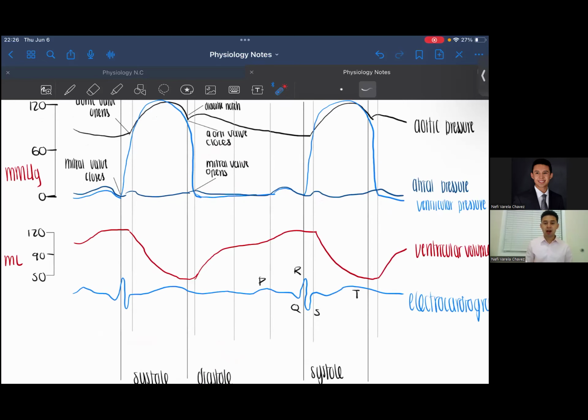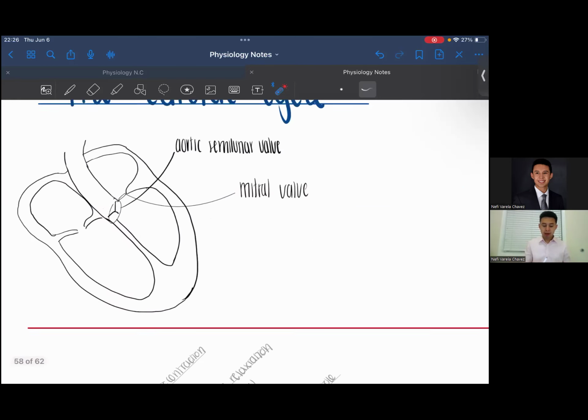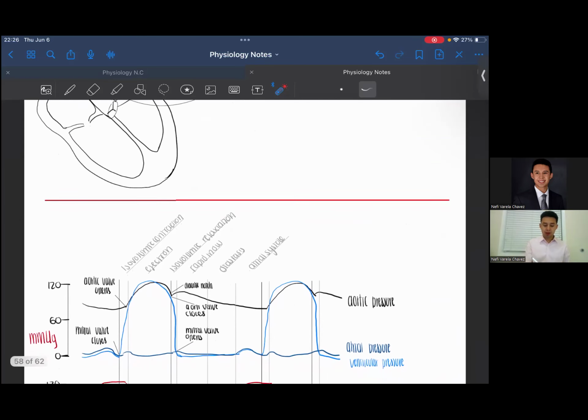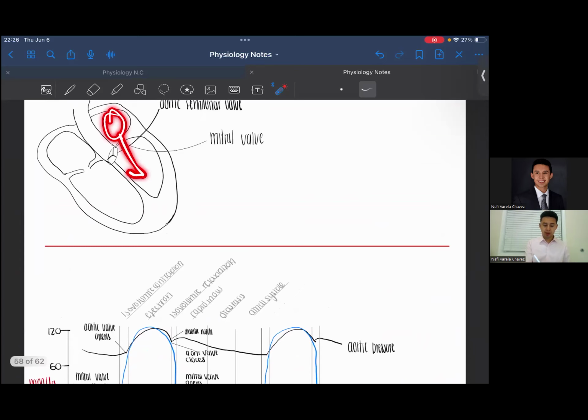And then we're going to see how the pressure in the atrium is going to start increasing. And also the ventricular pressure is going to increase as blood goes to the ventricle and it starts filling. So we increase our volume, okay? So that's our first step. We'll have the blood coming from here to here, to here.